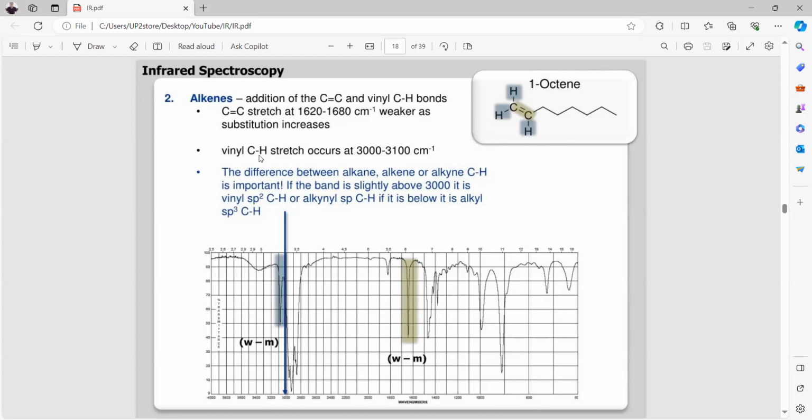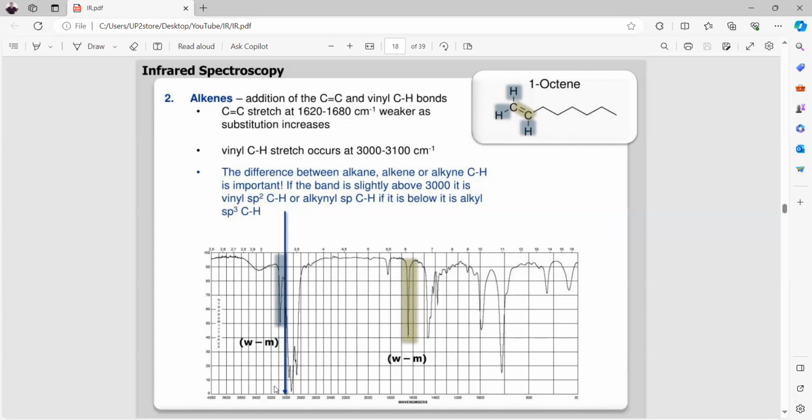You can see the vinyl CH stretch occurs at around 3000 to 3100. The difference between alkane and alkene or alkyne CH is important. If the band is slightly above 3000, it is vinyl sp2 CH or alkynyl sp CH. If it's below, it is alkyl sp3 CH.